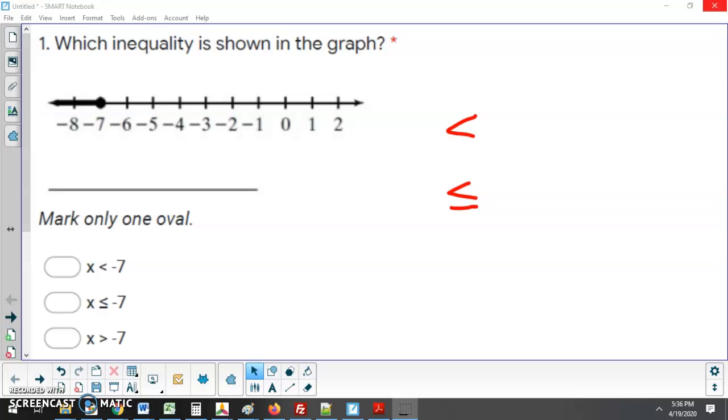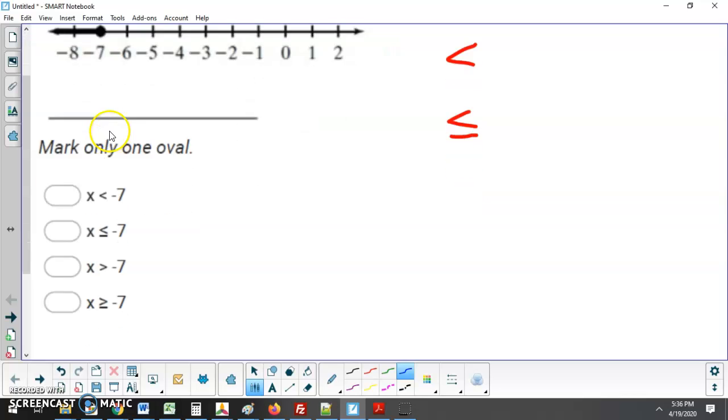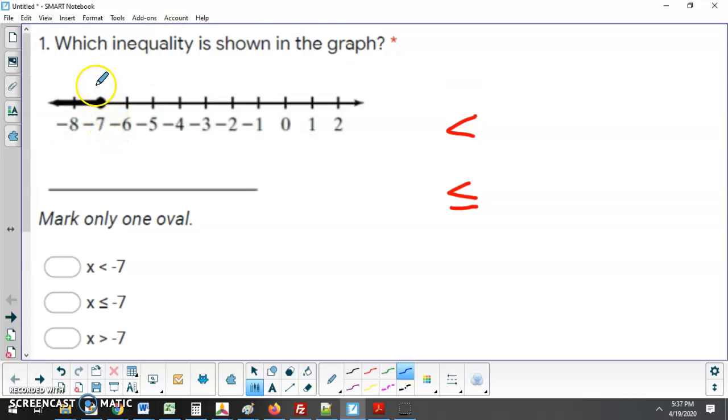And here we go. All right. So this first question on your test, we had to pick what graph is shaded here. First, we're at -7. You see all the answers have -7. Now, if we're going to the left, that is less than. So this is less than or equal to. How do you decide less than or equal to? Well, notice this dot. That's how you decide. This dot is shaded in.